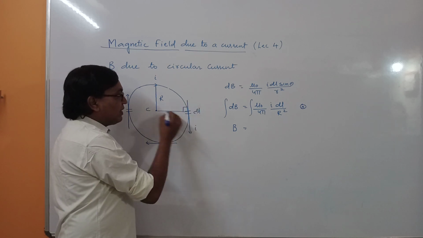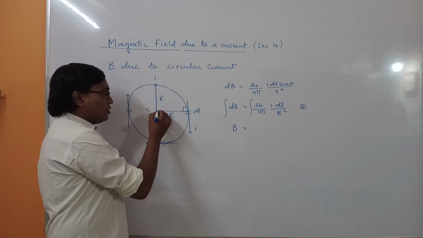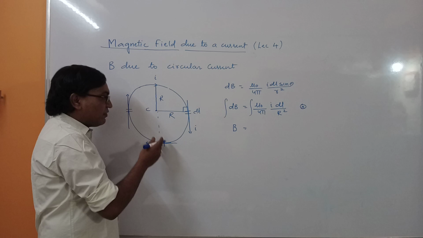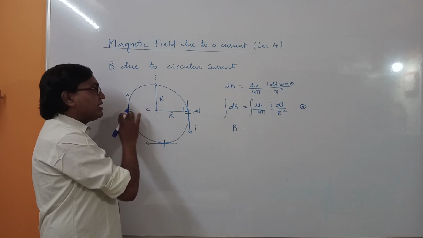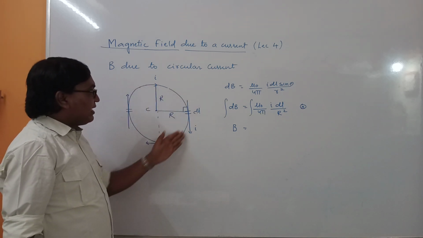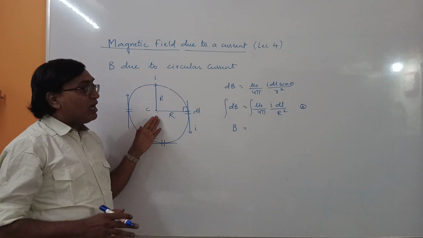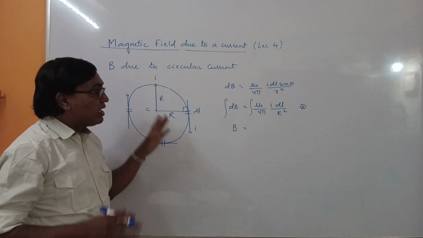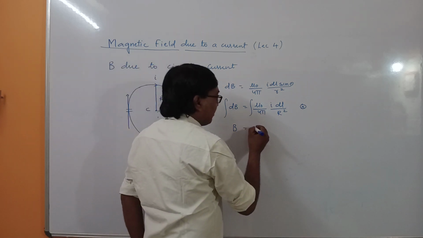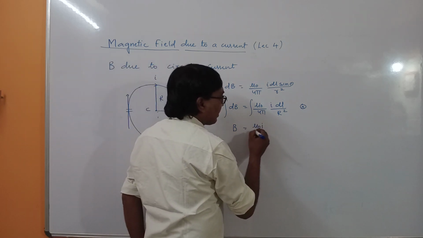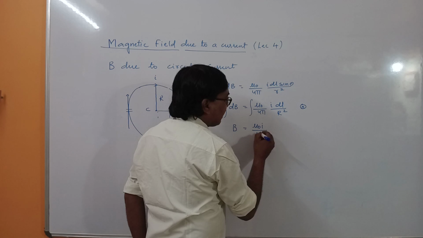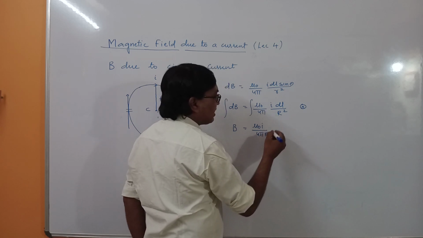You take any current element on this loop, they are all at a distance of r, that is the radius of this circular loop. So mu naught I by 4 pi r square, these are constants.